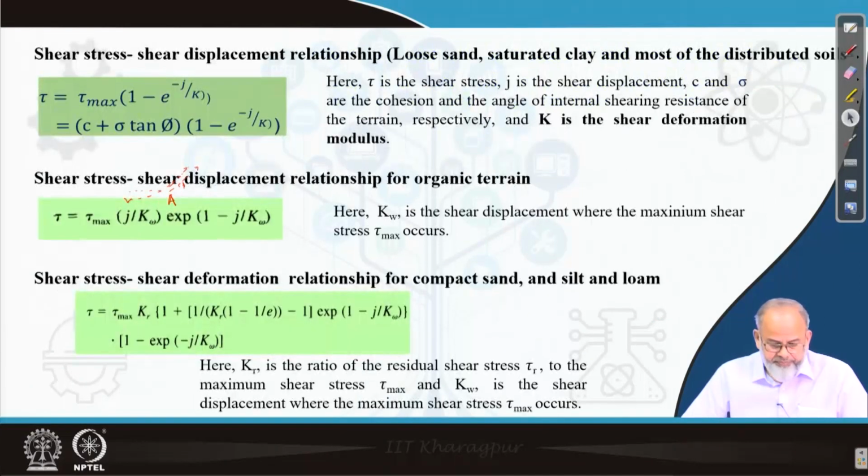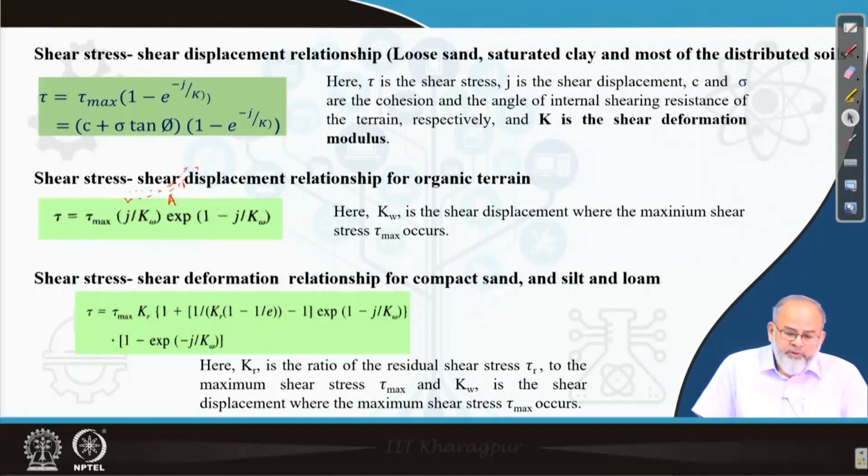In case of a loose sand or saturated clay or most of the disturbed soil, the relationship is tau is equal to tau max into 1 minus e to the power minus j upon k, where tau max is written as C plus sigma tan phi. Sigma is the normal pressure, j is the shear displacement and k is the shear deformation modulus.